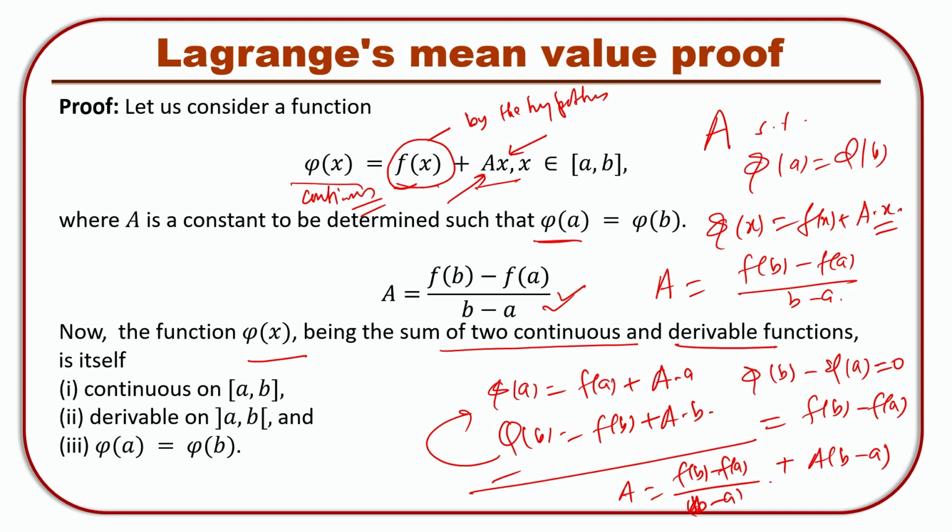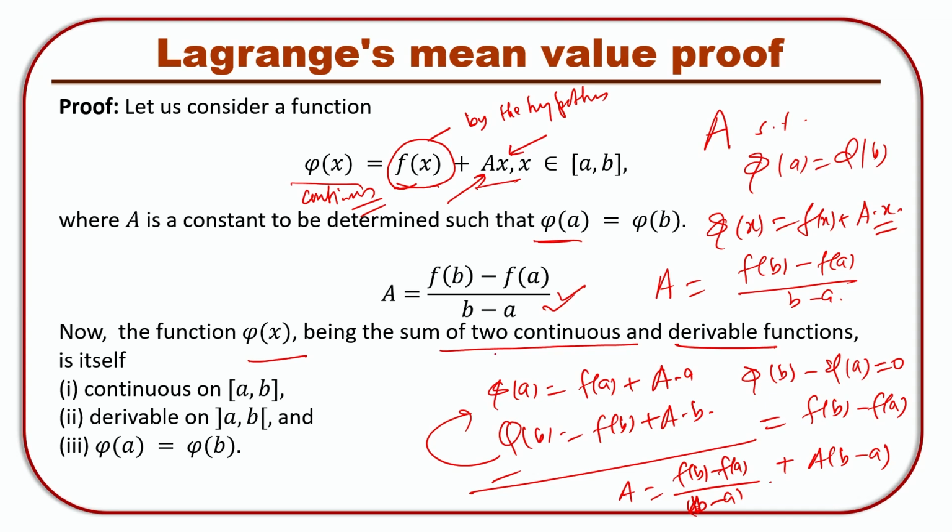Why? Because f(x) is differentiable in the open interval, A is a constant, and x is differentiable in the open interval (a, b), and hence the sum of the two differentiable functions makes phi(x) a differentiable function.